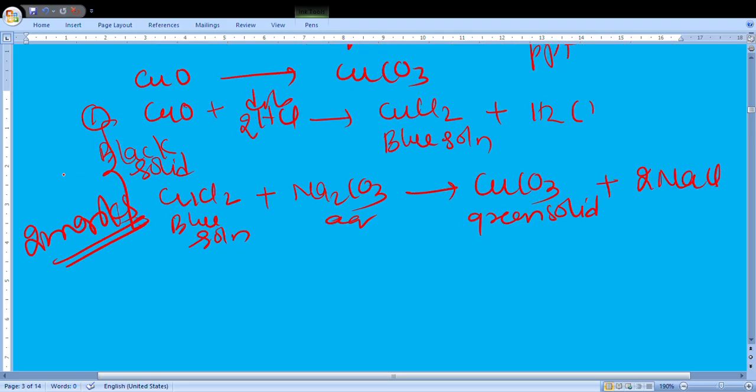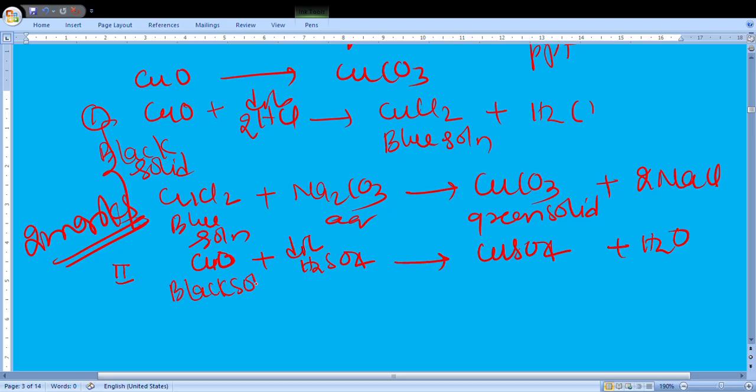Next, if you want to prepare CuCO3 using H2SO4, CuO is a black solid, dilute H2SO4 to form CuSO4 plus H2O. This is the first step. CuO is a black solid and CuSO4 is again a blue solution.